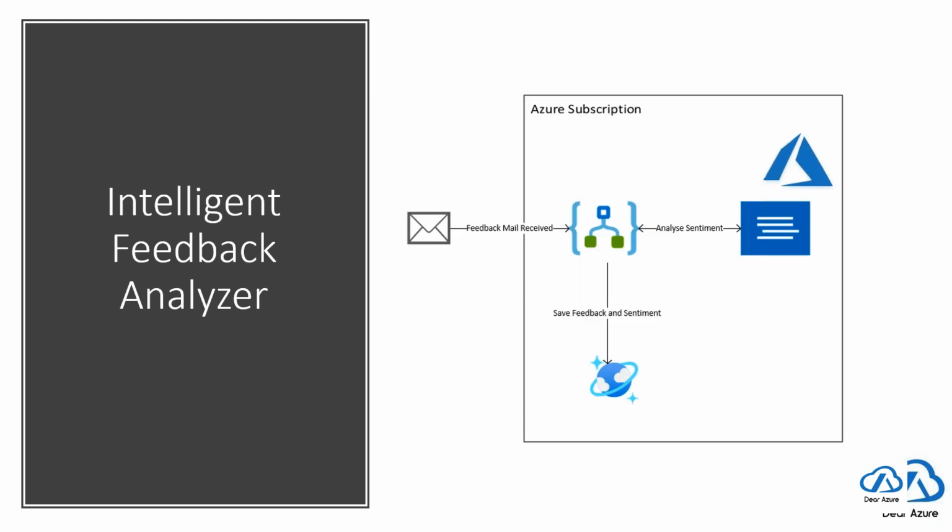What it does is it picks up all the messages that have been received between that window, extracts the body from the mail message, sends it to the analyze sentiment function of the Text Analytics API, retrieves the sentiment score, and saves the feedback and the sentiment to Azure Cosmos DB, so that at a later point of time, someone from marketing can go through all the feedbacks that are received and understand them.